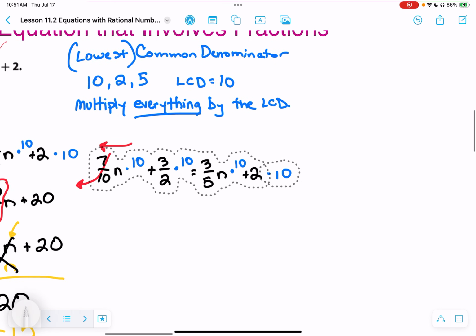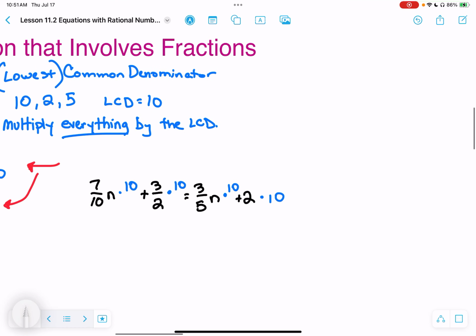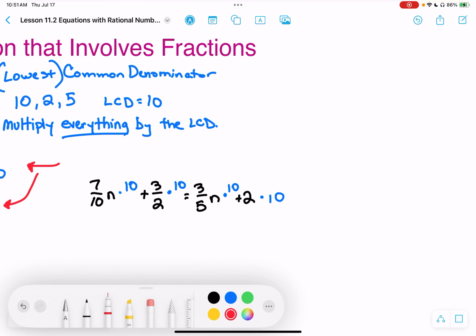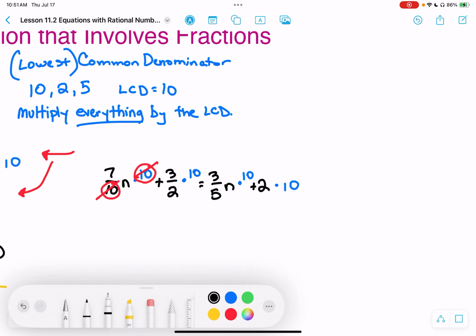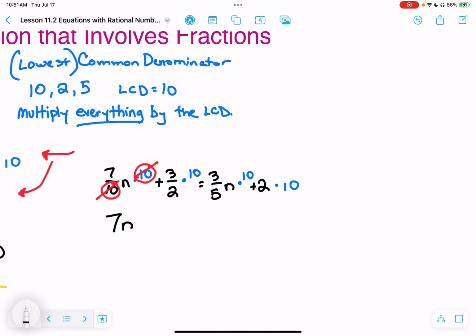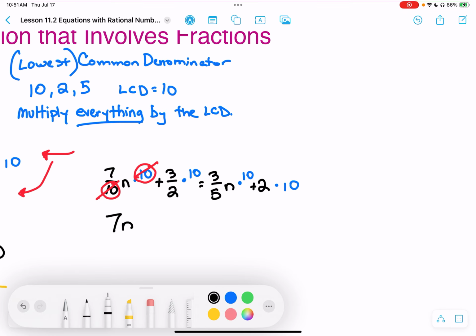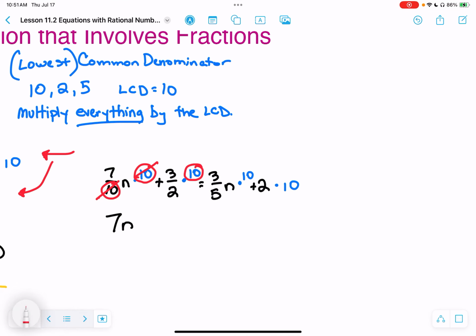So let's take a look at just this step here, because there's a way we could sort of simplify things at this step. Look right here. We're going to have a 10 in the top and a 10 in the bottom. Those can just cancel and leave us with 7n. Here, we will have 10 over 2. 10 divided by 2 is 5.